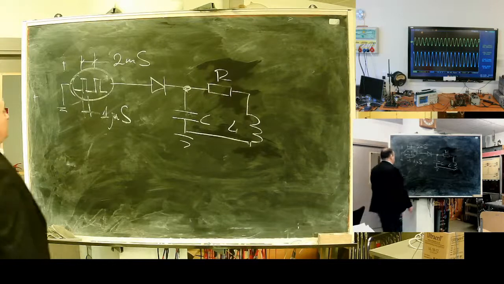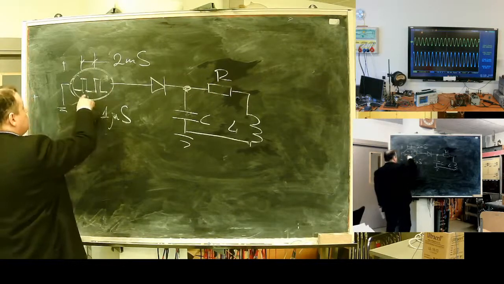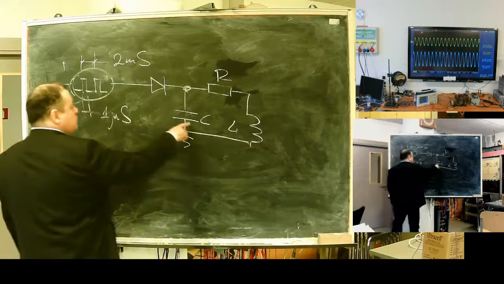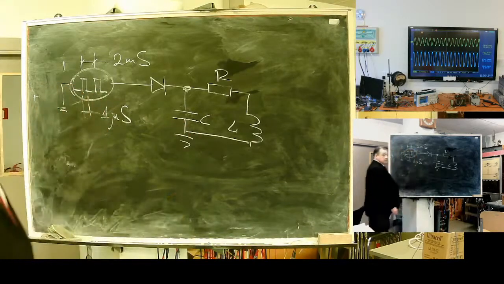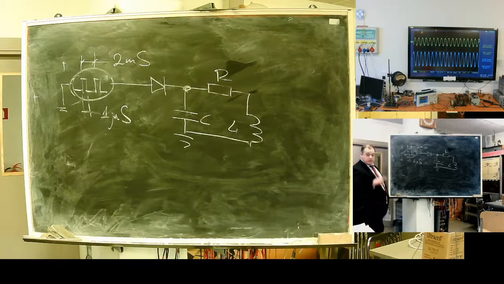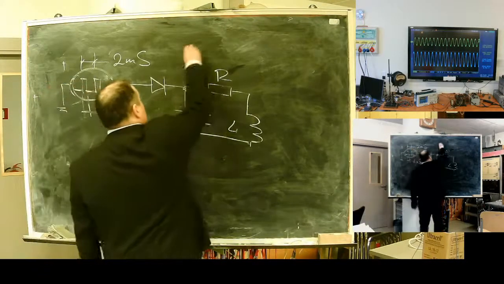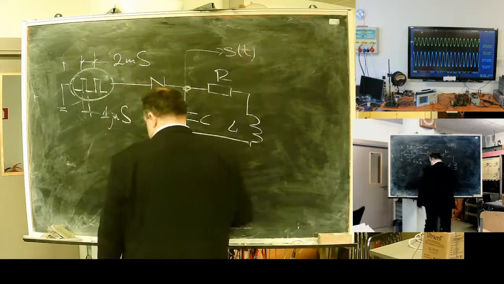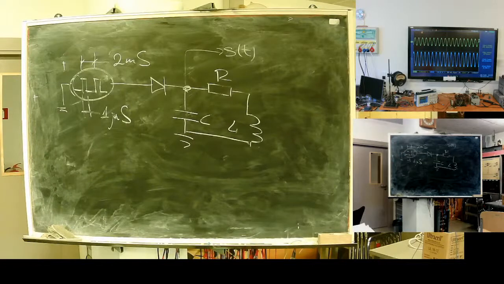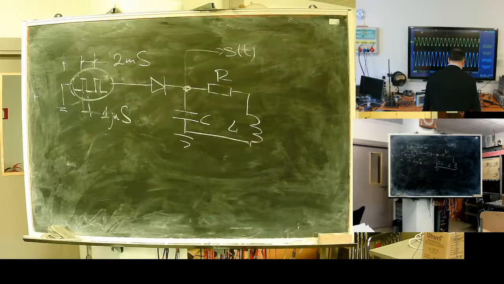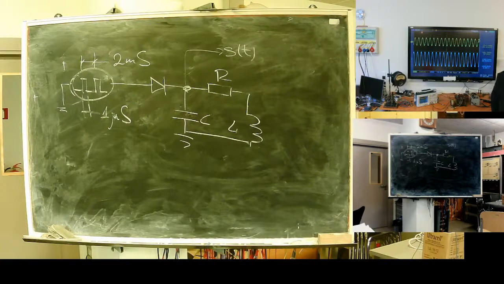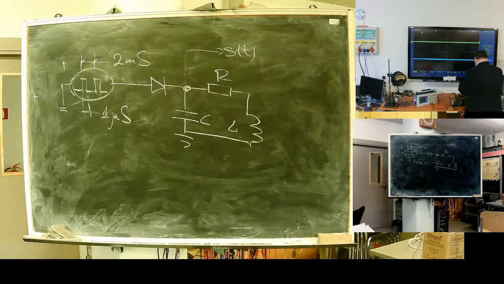The idea: every 2 milliseconds, a short 1 microsecond pulse will charge the capacitor, and after that the generator is switched off and the circuit is free. I need to disconnect. One second, I'll bring the generator.